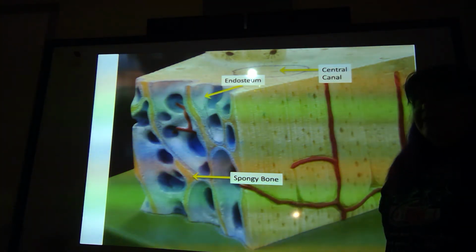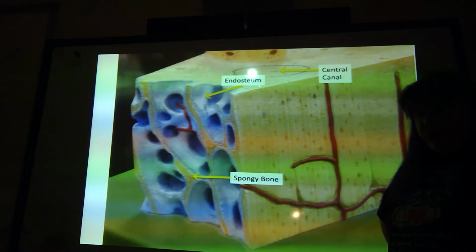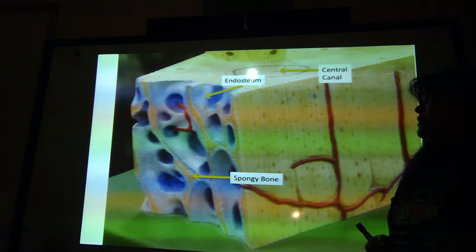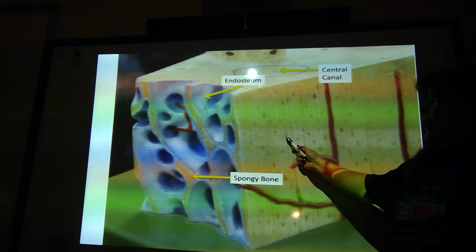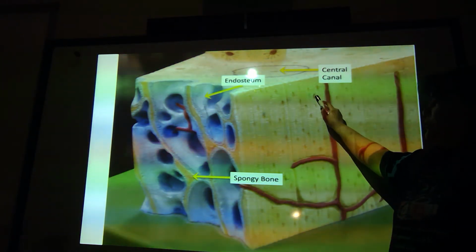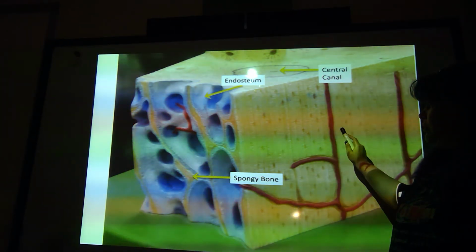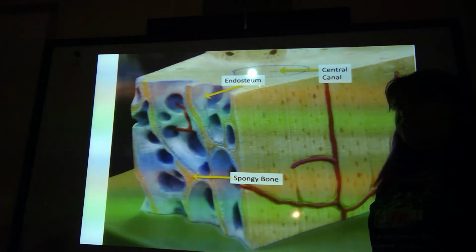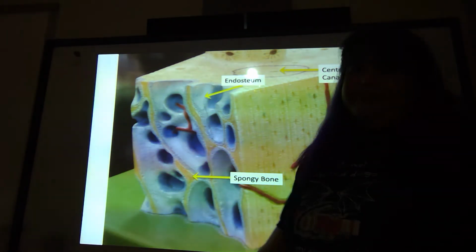Now, remember I said that you put your cells down first. If those cells happen to die, I had them in concrete. Do you see these little spaces here? These little spaces are called lacuna. What does lacuna mean in Spanish? Cradle. So we actually have those cells inside of a space in the bone that was basically created for them to sit in.